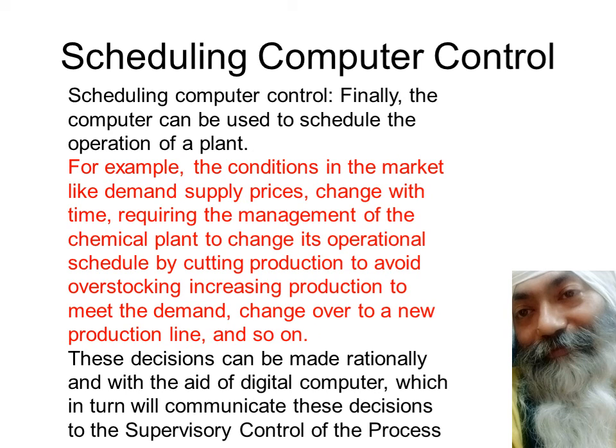So all these decisions are made rationally and with the help of a digital computer, depending upon whatsoever is the market scene, whatsoever is the requirement. And these decisions made by the scheduling computer control, in turn, will communicate with the supervisory control of the process. And those supervisory control computers will in turn talk to DDC.